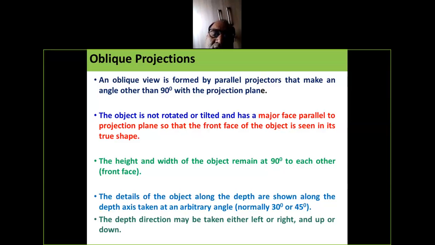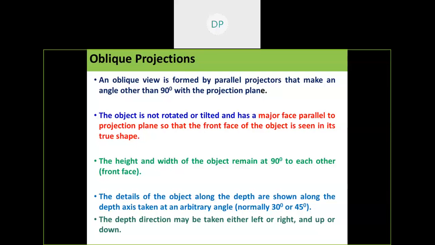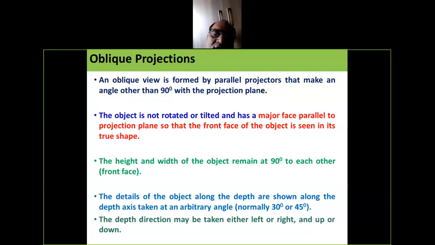Normally we take 30 degrees or 45. It is arbitrary, whatever you desire, either 30 degrees or 45 degrees. The depth direction may be taken either left or right, or up and down.